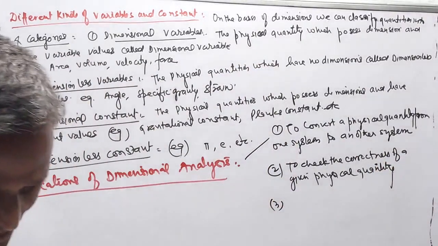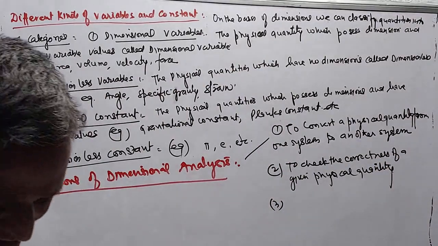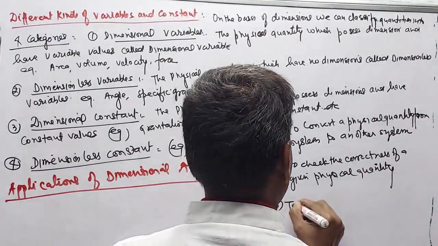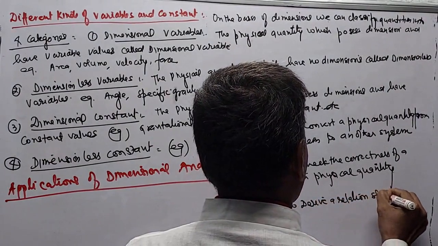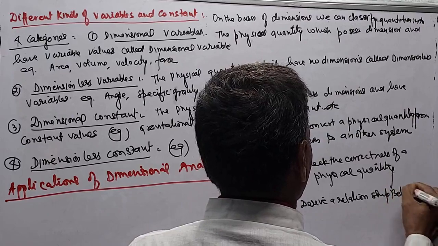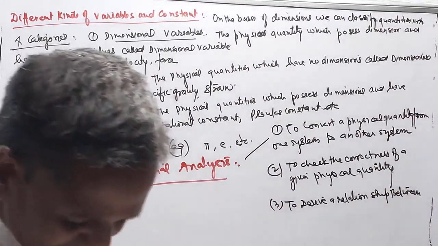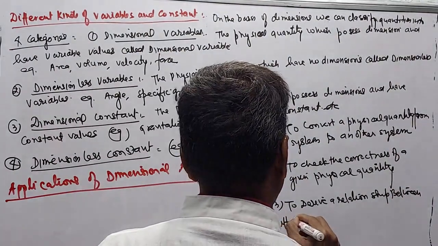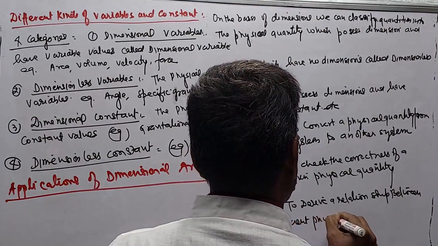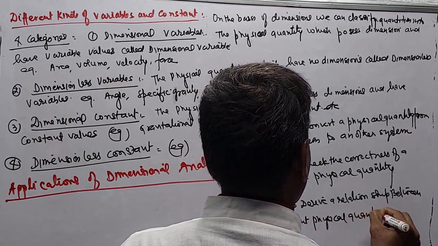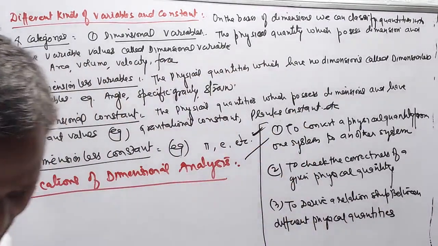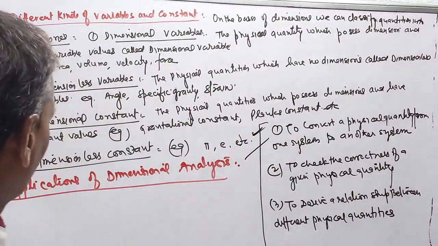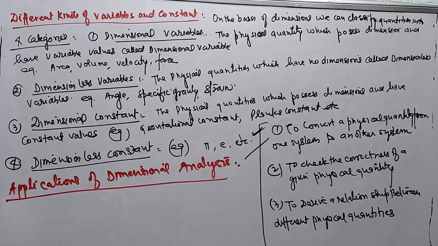And number third is to derive a relationship between different physical quantities. That is a very important topic. Now we will see conversion of one system of units into another.